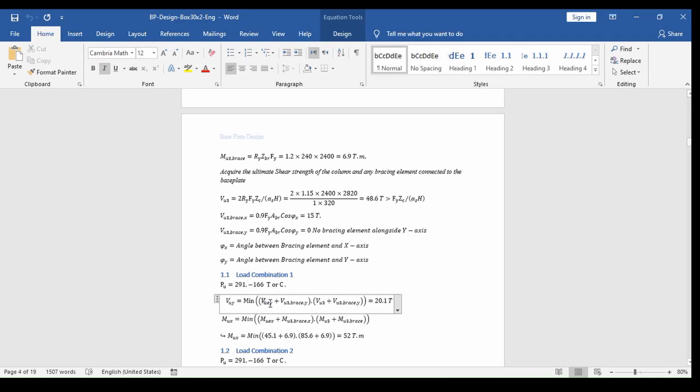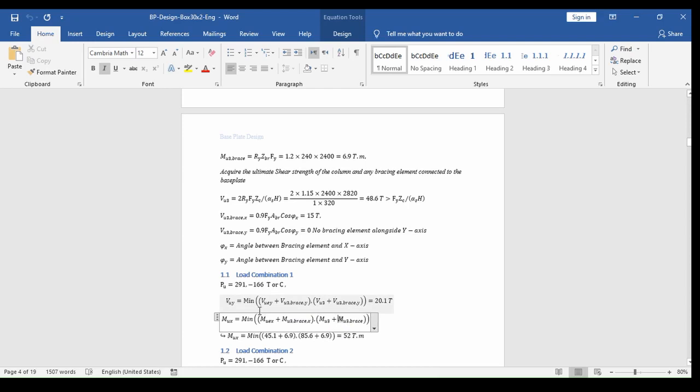The second term is shear strength of the column plus the horizontal component of axial strength of the brace. And MUX is the minimum of these two terms. The first term is the flexural moment due to overstrength seismic load plus the flexural strength of the bracing connection. The second is flexural strength of the column plus the flexural strength of the bracing connection.